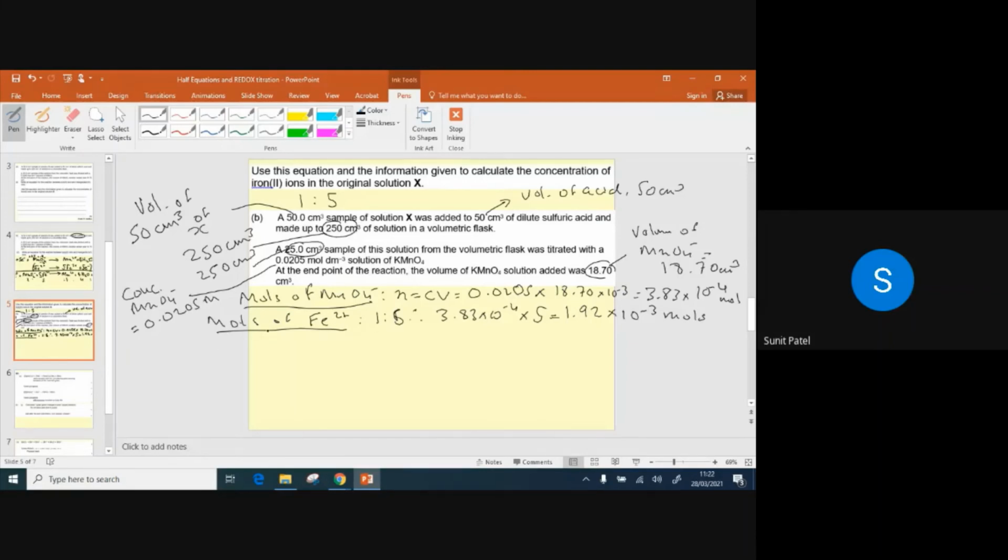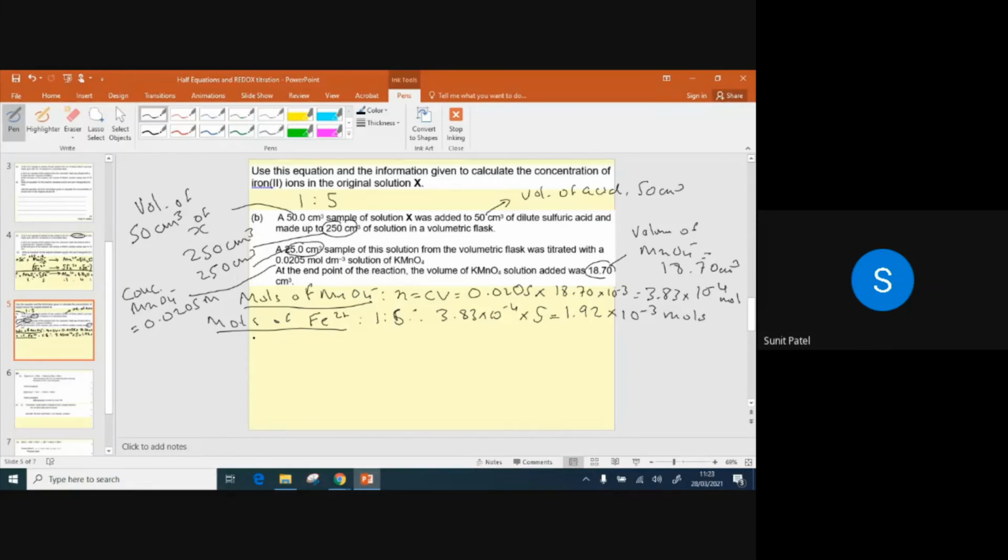So let's see if that works for the second part. Now, that's great. I've got in the 25 cm cubed sample this number of moles of Fe2 plus. But the question was asking to calculate the number of moles in X. The X was 50 cm cubed right to start off with, right at the beginning.